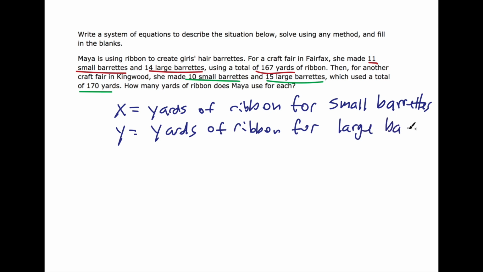So the idea is that the small ones, whether she's selling them at the craft fair in Fairfax or in Kingwood, use the same amount of ribbon, and the large barrettes use the same amount of ribbon. Okay, so go back to the first situation for Fairfax.